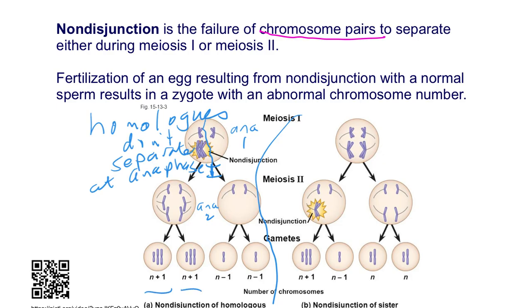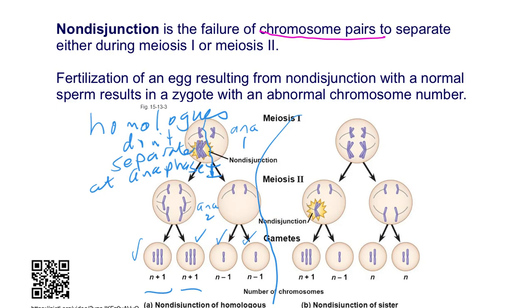And you'll get one extra chromosome for each one that's stuck up there in 50% of the gametes, and you'll have one less chromosome in 50% of the gametes that form. If that egg or sperm gets fertilized, usually it doesn't go on to make a healthy embryo, and the embryo dies.